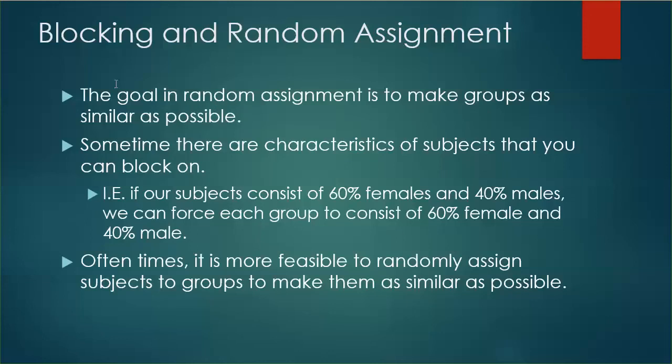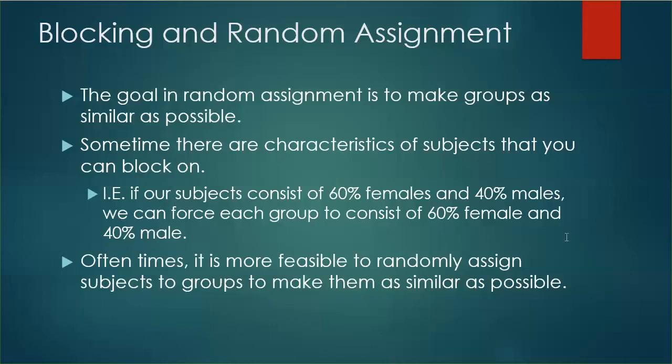You might do this if you think that gender is likely to be a confounding variable, and so this allows you to control for that. If your subjects in your sample were, say, 60% female and 40% male, then maybe each group has 60% females in it and 40% males in it, but which females and which males get into which group is still randomly assigned.